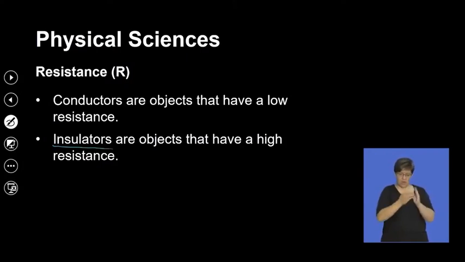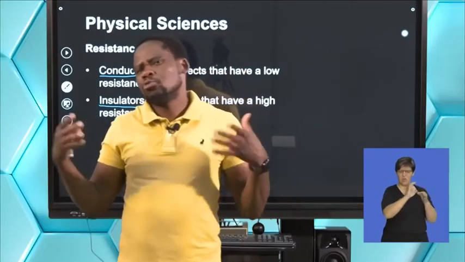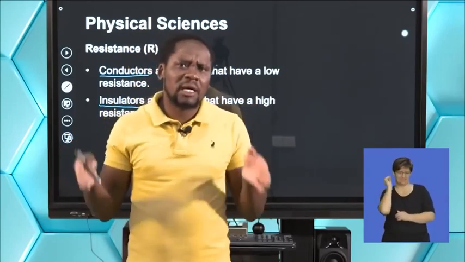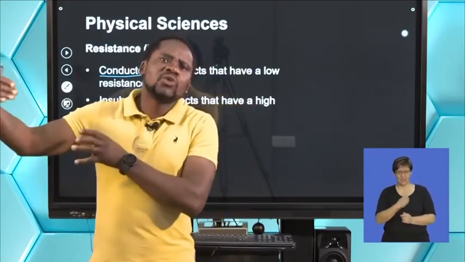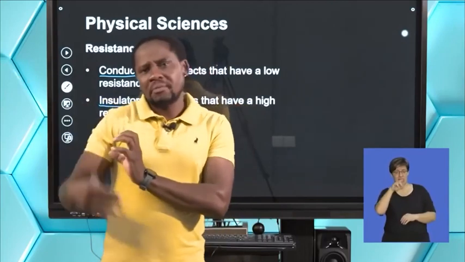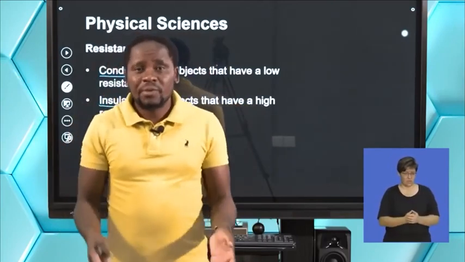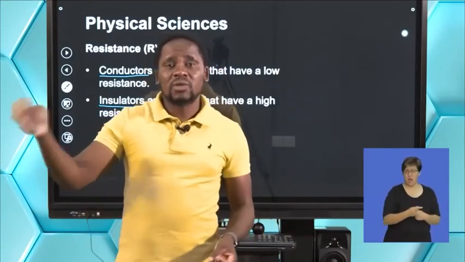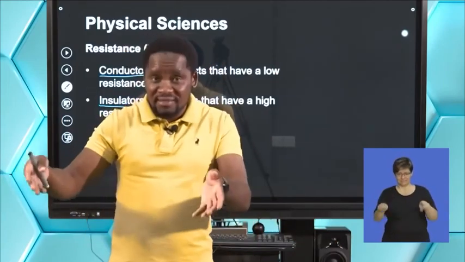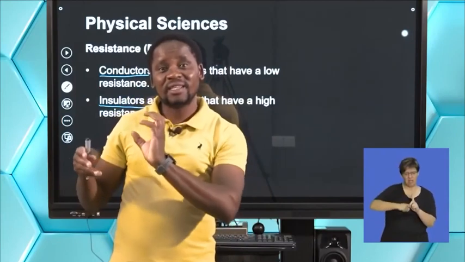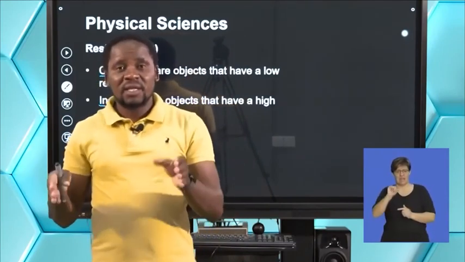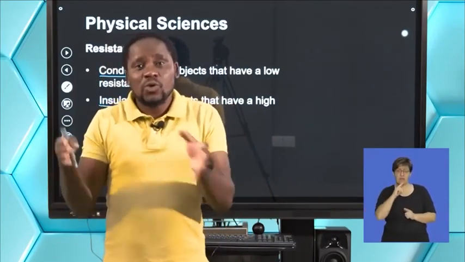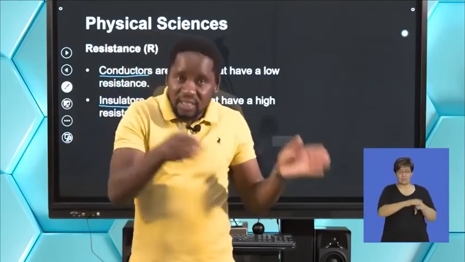Now let's look at the physical properties of materials. This is something we need to remind ourselves of as we look into resistance in series. In terms of physical properties, there are electrical conductors and electrical insulators, which are different from thermal conductors and thermal insulators. In terms of electric current, we talk of electrical conductors and insulators.